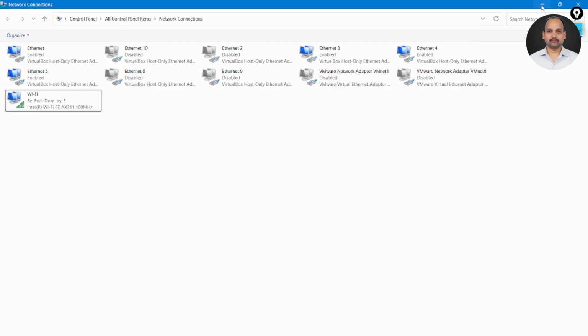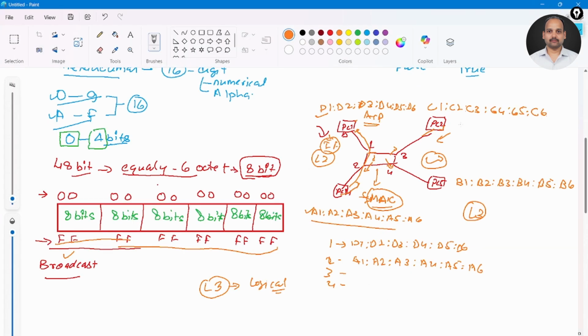In an interview, sometimes the interviewer gives you a MAC address like this, so I'm just showing you, maybe they can give you something like this. They can say, hey, my MAC address is C1, D3, 1143, J J0 and L3.